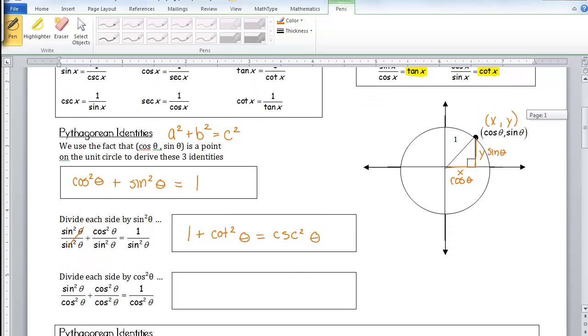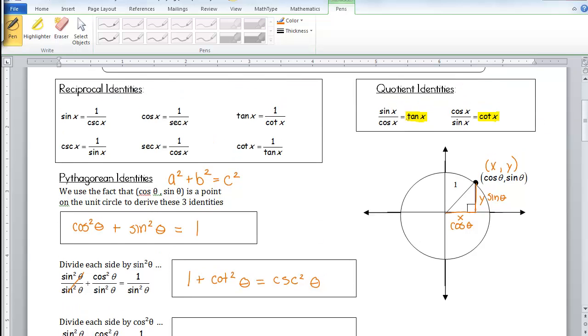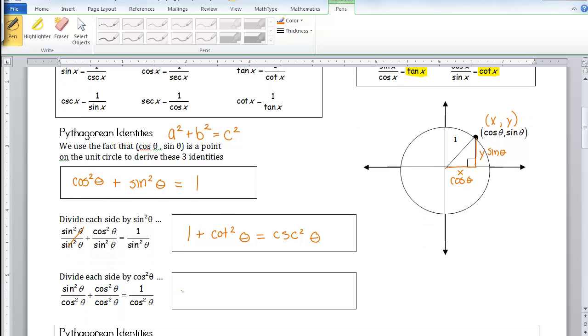Likewise, if we look at the same Pythagorean identity, sine squared plus cosine squared equal to 1, and divide everything by cosine squared, again, with our quotients, sine divided by cosine is tangent. Because these are squared, they will give us tangent squared.